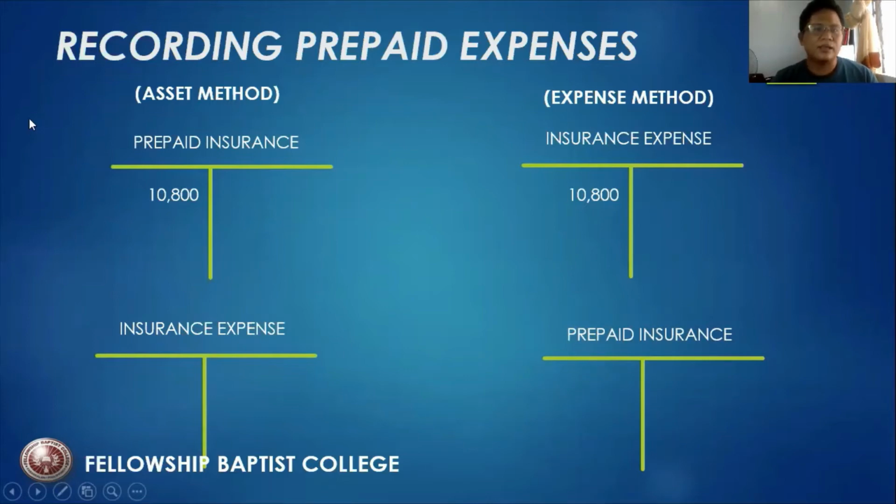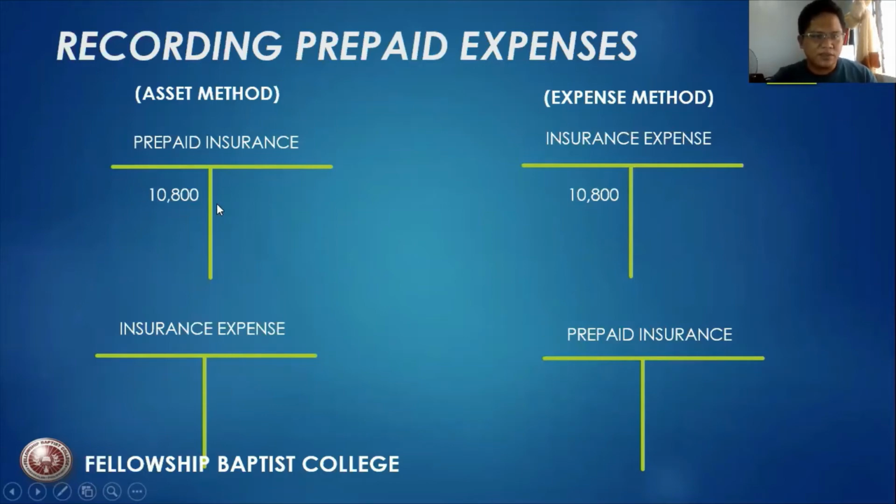Again, for the asset method, we record all the payments into an asset account, and we have to transfer from this asset account the expired portion. If we choose the expense method, we will be transferring the unexpired portion into this asset account, which is the prepaid insurance.